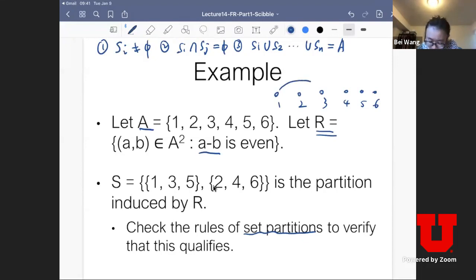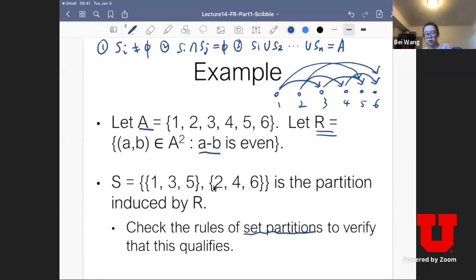So 1 minus 3 is even, so they're in this relation. 1 and 2, the difference is odd, so they're not in the relation. Similarly, 3 and 5 is in the relation, 4 and 6 is in the relation, and 2 and 6 is in the relation. What else? 1 and 5, of course, is in the relation because the difference is -4.